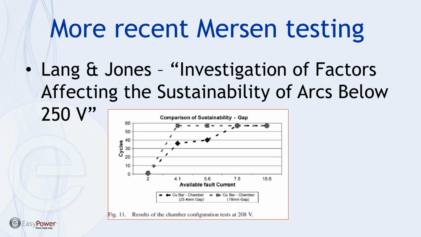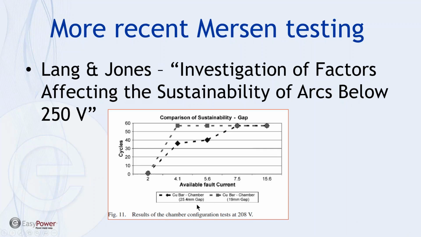Another approach, and if you look in the bibliography of the 1584 standard, one of the papers that's been in the public arena now for the better part of 10 years is some testing that was taken on by a couple of engineers from Emerson, and they found that below 250 volts there was a lack of sustainability when we have low arcing current.